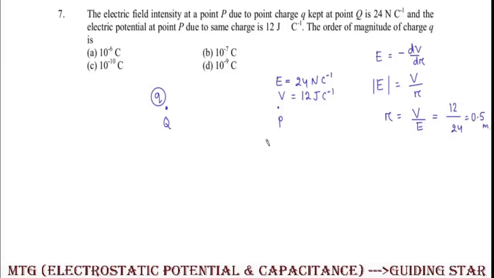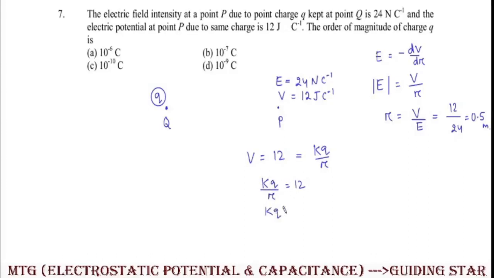So here, if R is 0.5, then what is the value of Q? We know that V is 12 Joule per Coulomb, and the value of V is KQ by R. So KQ by R equal to 12.